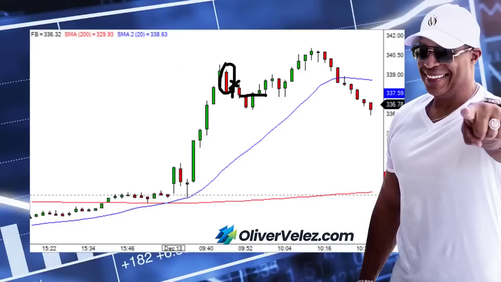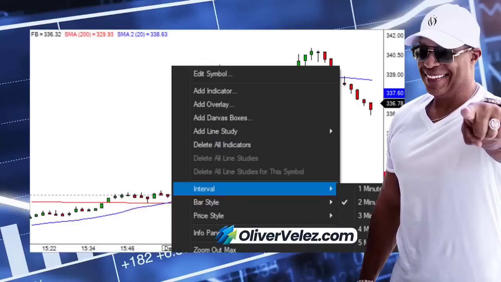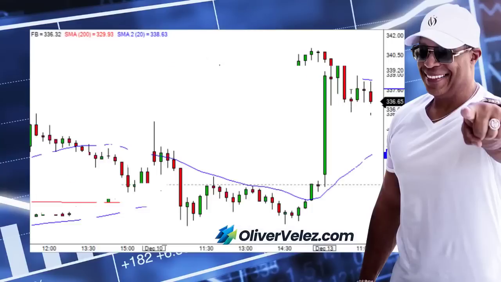If we take this same example, let me show you the perfect example of skipping the buy signal right next to a fat red bar, and how it's a high failure rate. Watch this. I'm going to change this time frame to the 15-minute.